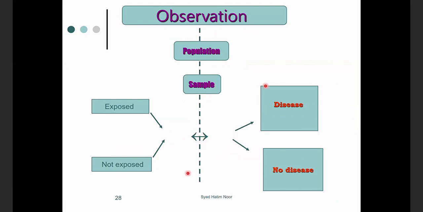But in cross-sectional you cannot. Cross-sectional shows only association, a correlation between exposure and disease. In the cross-sectional study, you must know your defined population and take a sample. So this is the cross-sectional study.